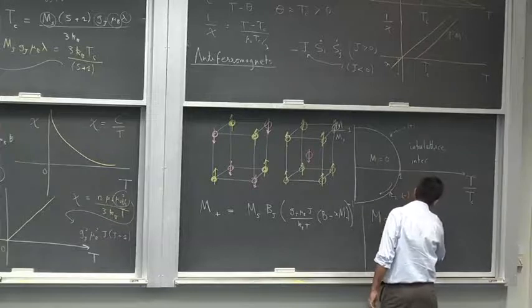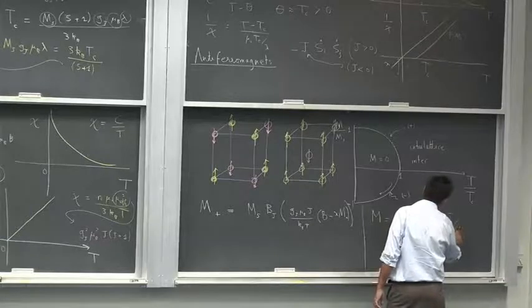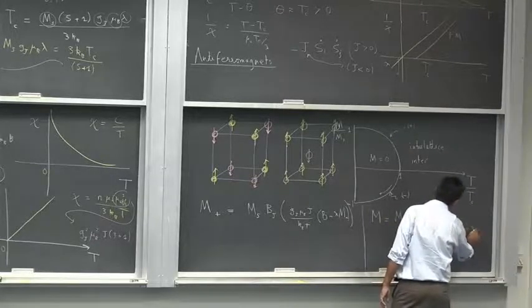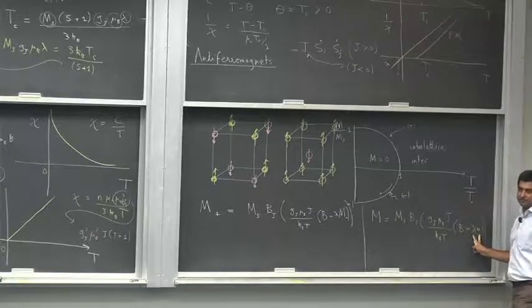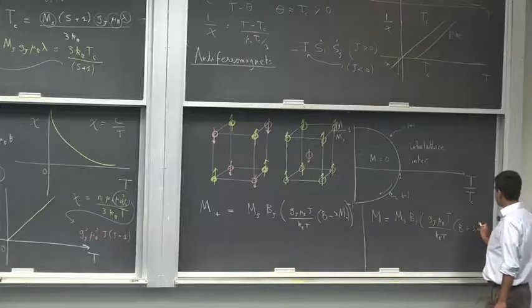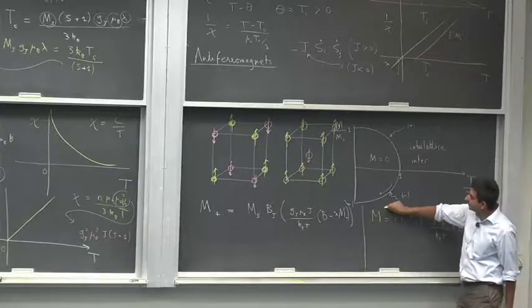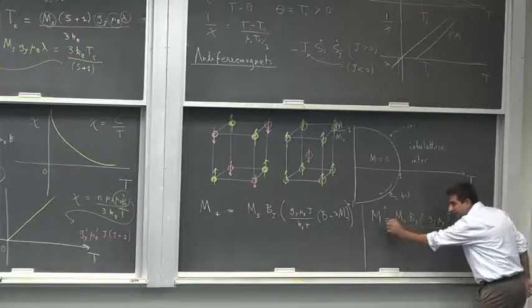Now y is gj mu B j over kBT into the external field plus lambda M. So this is the molecular field term, lambda M. Higher the magnetization of the ferromagnet, higher will be the field that the domain sees.